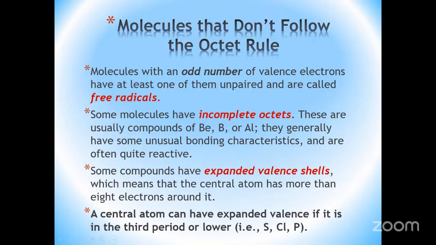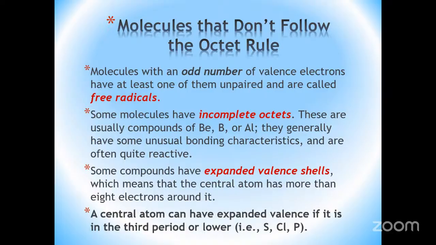Now, we met this before when I was discussing the nitrate ion, the example that we worked. Basically, the only elements that can expand their valence are the elements from period 3 and below. So if you remember what I said, periods 2 and 1, those elements cannot have more than 8 electrons.